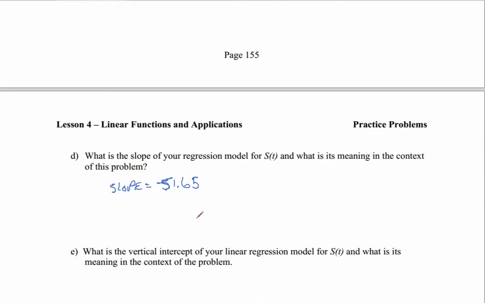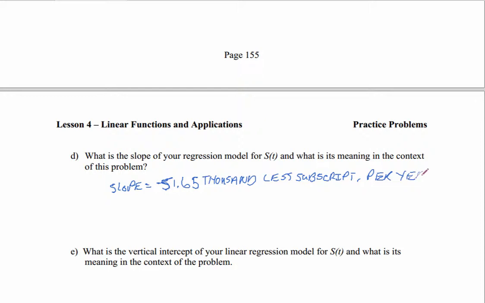So we get negative 51.65 thousand less subscriptions per year.